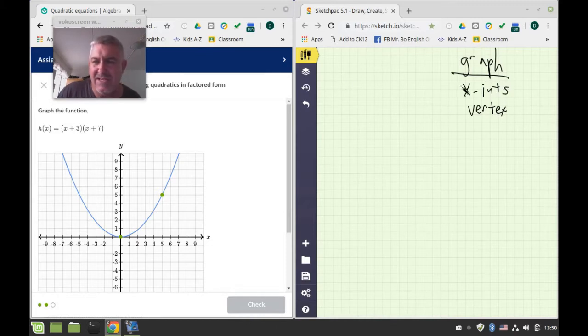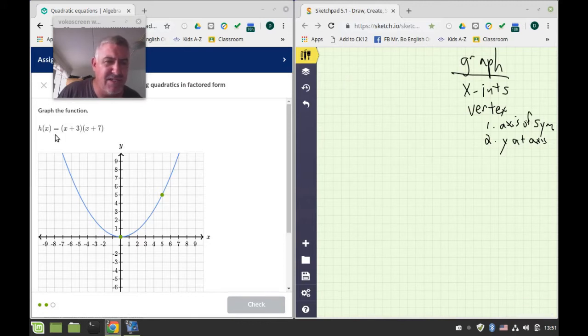So we need to find the x-intercepts, and then we need to find the vertex. And to find the vertex, we need to find the axis of symmetry, and then 2, we need to find y at that axis. Okay. So let's get started.